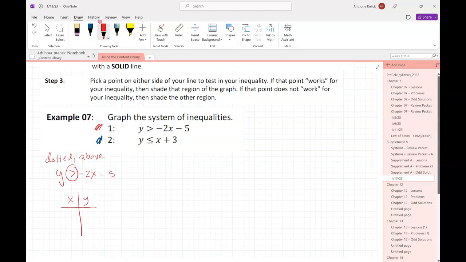So now I'm just going to pick some points. So I'll pick 0, and if I pick 0 for x, I get -5. And then I'll pick another value for x, say -4. -2 times -4 is 8. 8 minus 5 is 3.